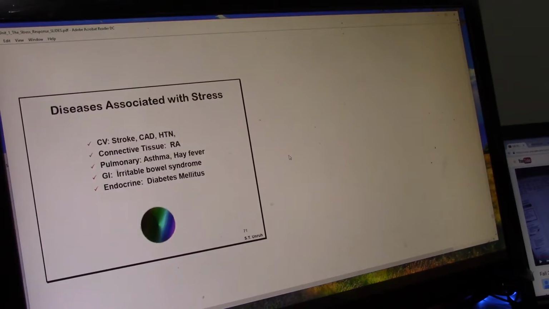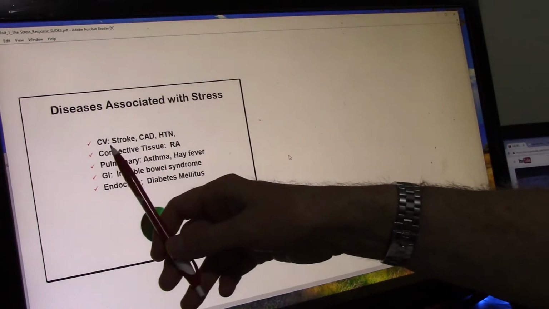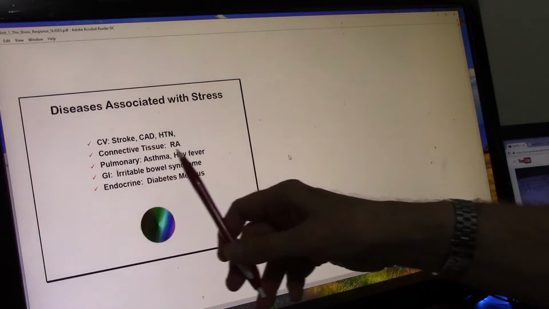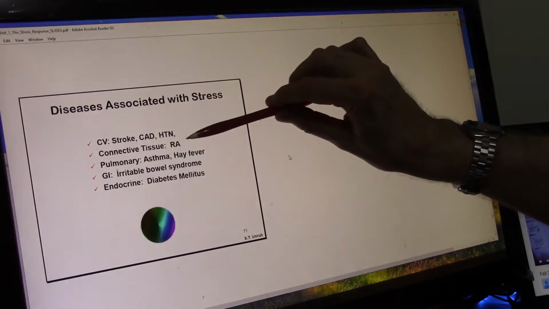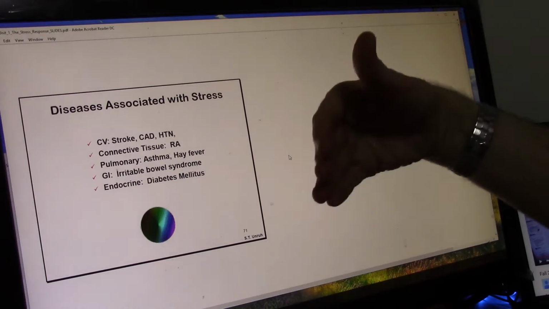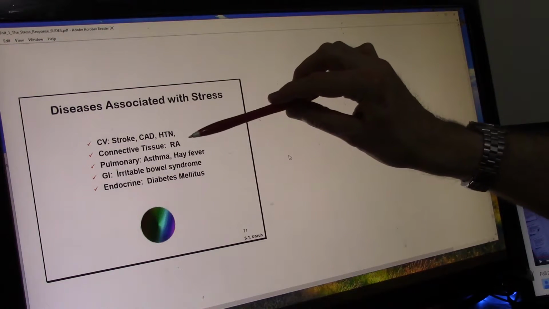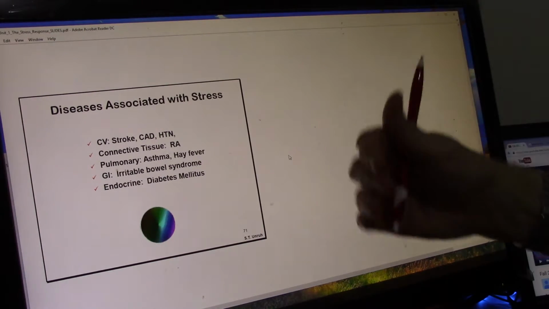Okay. Now, what are the diseases associated with profound stress? At the cardiovascular level, stroke, coronary artery disease, hypertension, rheumatoid arthritis at the level of connective tissue. Why would that be? Because you're reducing the immune system, and when you reduce the immune system, this is an autoimmune disease. The immune system can go haywire and start attacking the body.